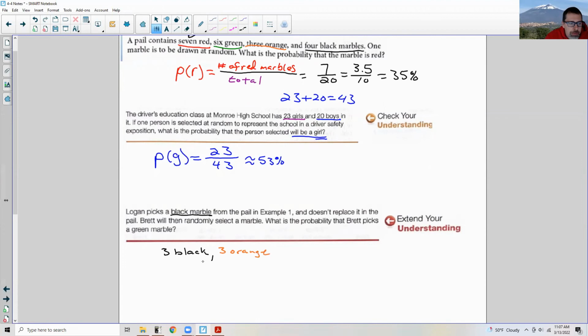So there were 4 blacks, but Logan selected a marble that was black. So that reduces the number of blacks by 1. Oranges are still 3. Green is 6. And 7 red ones are still there.